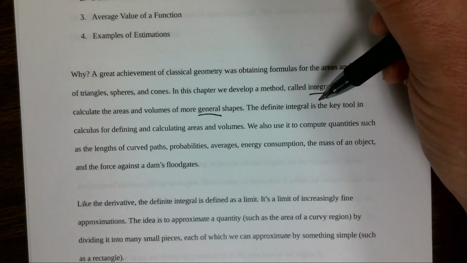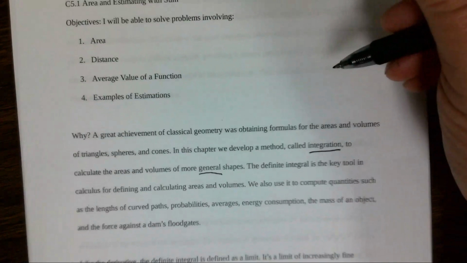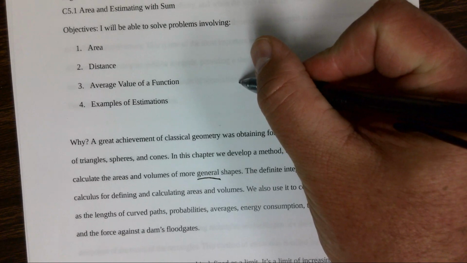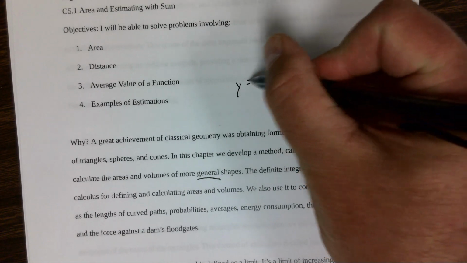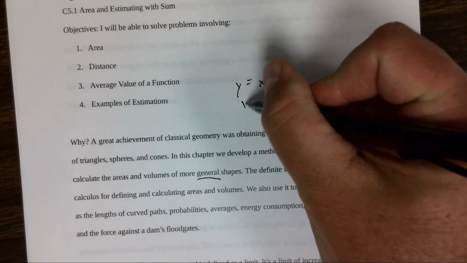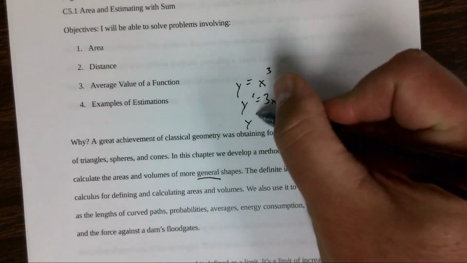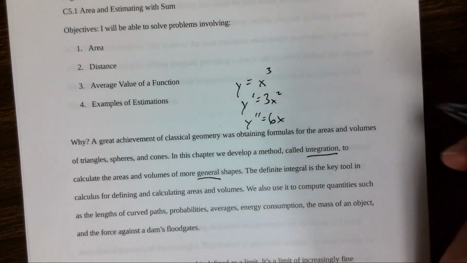So what you'll see is, well, let me just do a general thing. If we have y is x cubed, we've said y prime would be 3x squared and y double prime would be 6x.